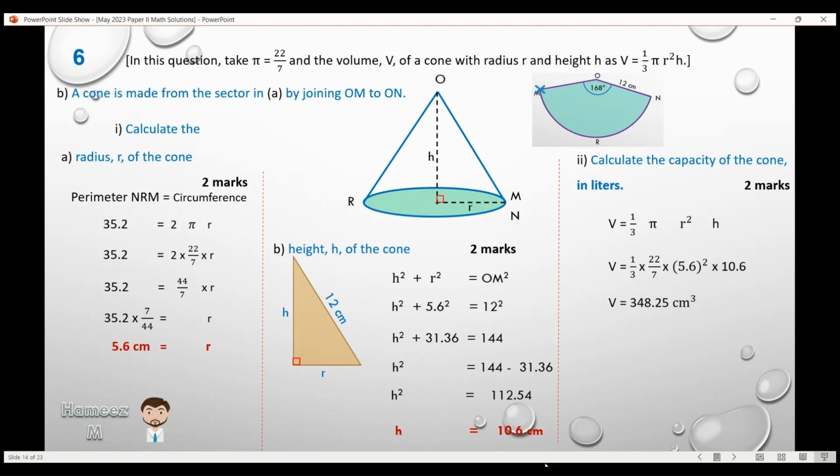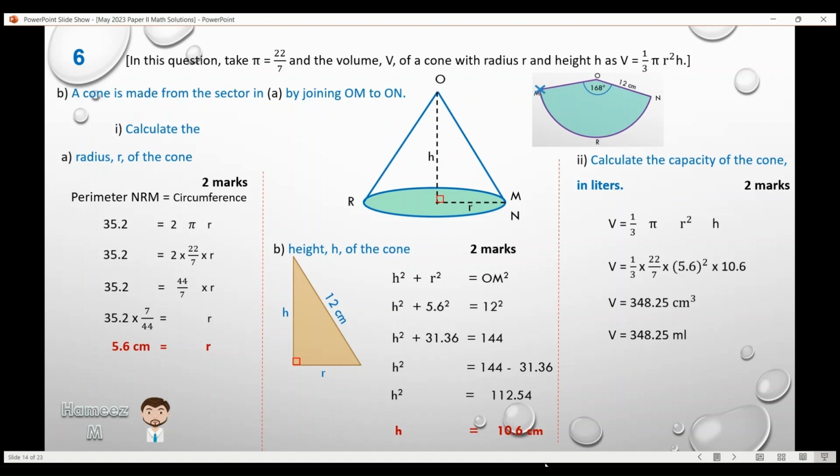And we want our answer not in centimeters cubed, but in liters. So we can first convert centimeters cubed to milliliters, because 1 centimeter cubed, that space being occupied, is the same as 1 milliliter. So 348.25 centimeters cubed takes up the same space as 348.25 milliliters. And if we look at part 2, we want our answer in liters.